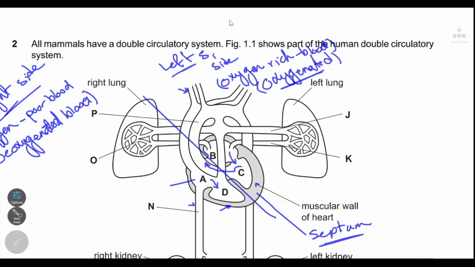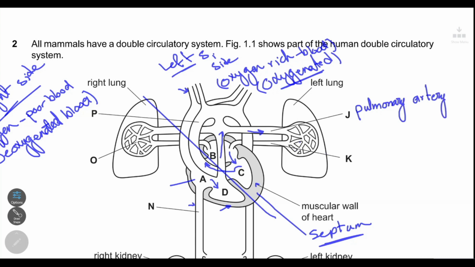So here, J is a branch to the lung. This is to the lung. And here is the pulmonary artery. So this branch is the branch of the pulmonary artery.